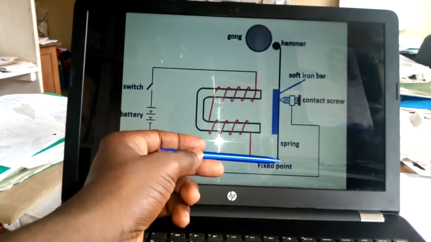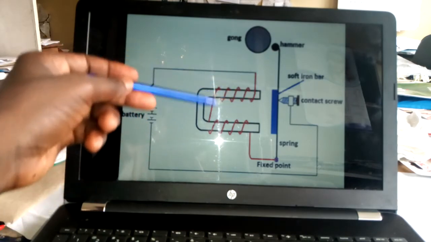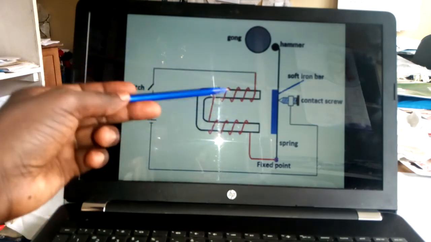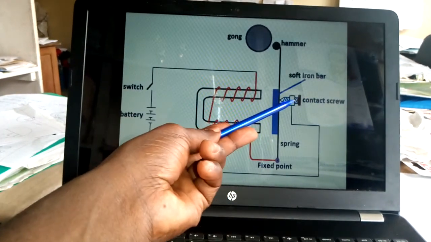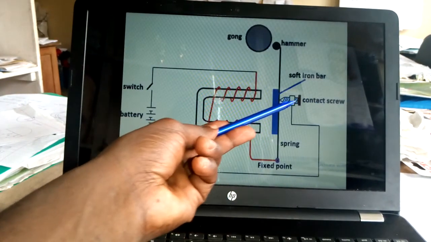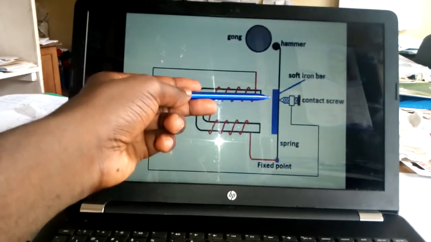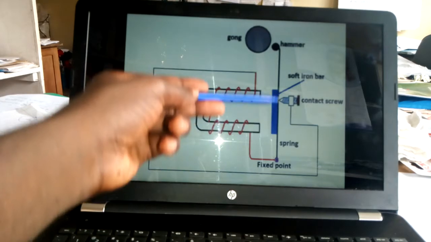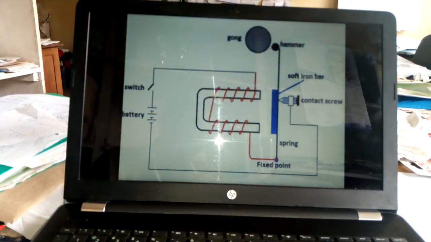This is a fixed point. The red part tells you about solenoid or a coil. Then we have the contact screw here. You can see it has the pitch. I have this soft iron bar. And then I have the hammer, I have the gong.